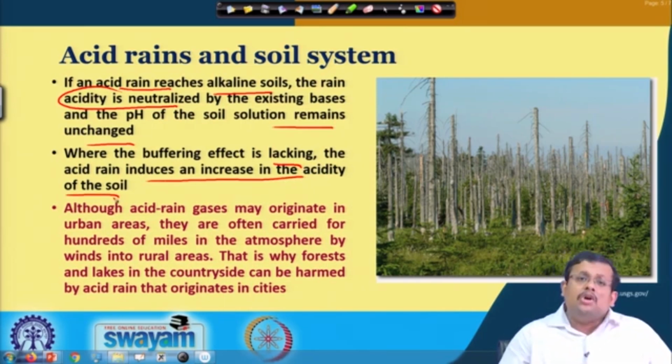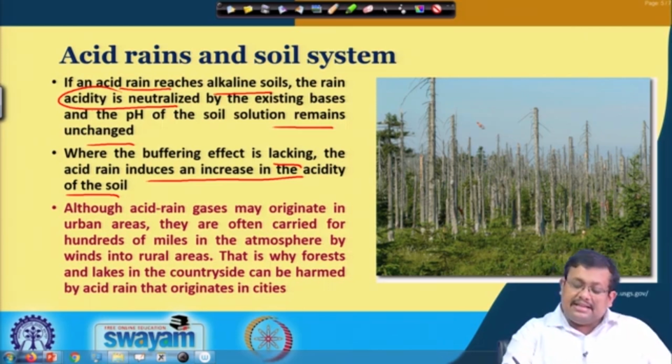Although acid rain gases may originate in urban areas, they are often carried for hundreds of miles in the atmosphere by winds into the rural areas. That is why forests and lakes in the countryside or rural areas can be harmed by acid rains that originate in the cities. As you can see here, this is a photograph of acid rain effect in a forest, published by USGS.